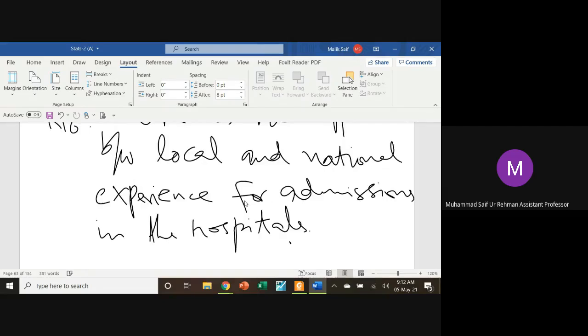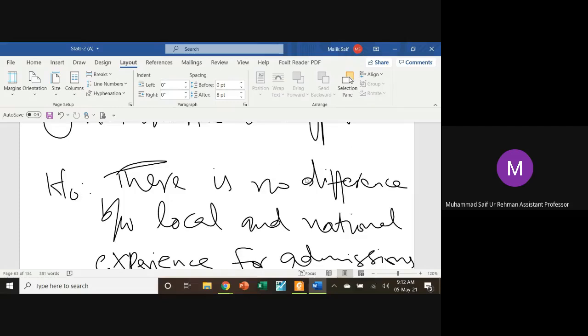So the word no is there. There's no difference. It means equality will hold in the null hypothesis.